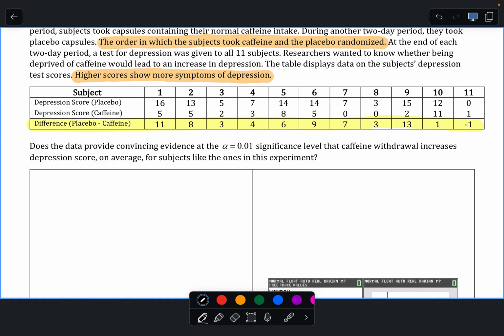Now, I will say sometimes they don't calculate the difference for you, but it is something you can do within your calculator if you wanted to. You can do L1, L2, and then in L3 put L1 minus L2. But truthfully, you can just subtract them. Just subtract the values, get your calculated difference, and then go about it that way. So when I look at this, they have already decided it's placebo minus caffeine.